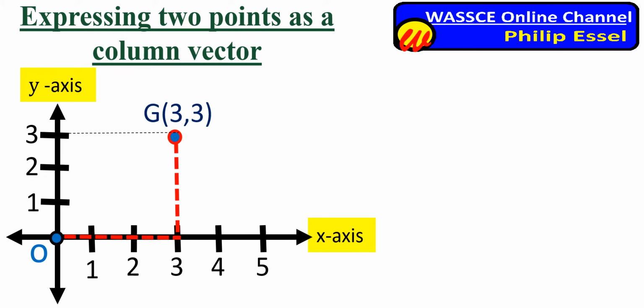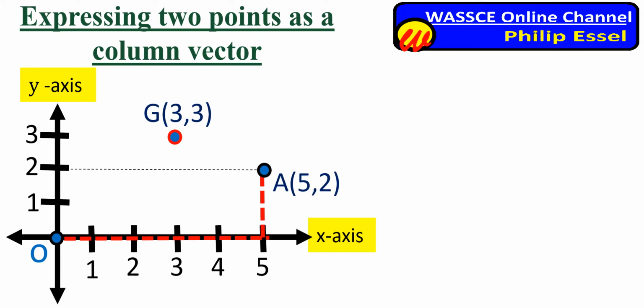Let's plot another point A with the coordinate 5, 2. Very well, so we have plotted the 2 points G with coordinate 3, 3 and A with coordinates 5, 2. Remember, these are points. They are scalars. They are not vectors yet.